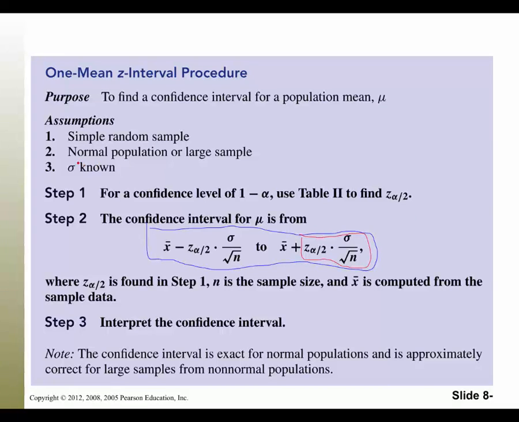Simple random sample. So either we have to have a normal population to start with, or if we don't, we need a sample of like 30 or more. Remember that? It doesn't have to be normal as long as you have a sample of 30 or more. If you have a normal population, the sample can be any size. Okay? And all this was for when we know the population standard deviation.